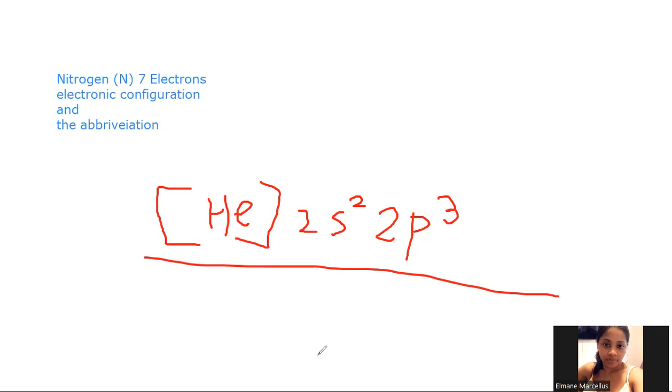So the second one can hold how many? 8. Remember? N1, which is the first shell, can only carry 2 electrons. N2 can only carry 8. N3, 8. Gotcha.